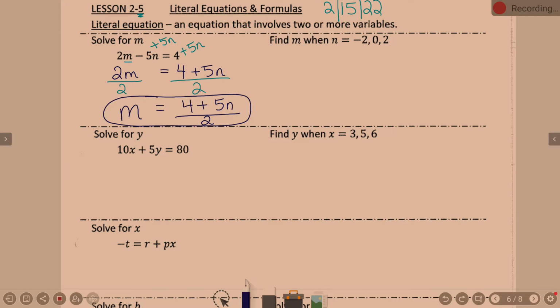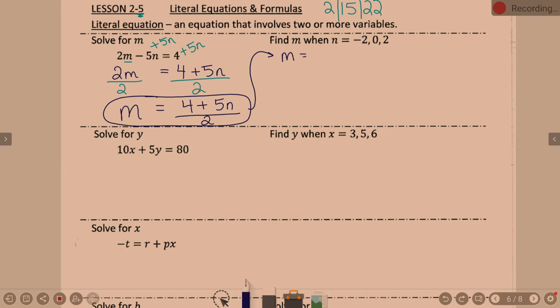Okay. Now, what's the second half of this say? Find m when n equals -2, 0, and 2. Didn't we just come up with an equation here? What they're wanting us to do is use this equation. Find m.